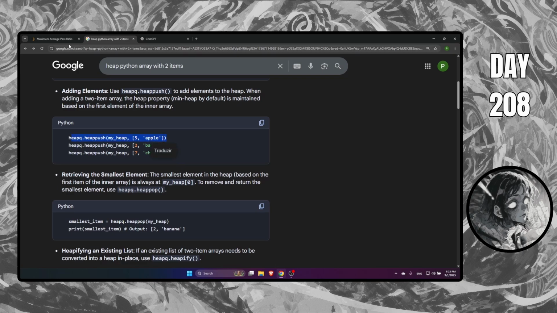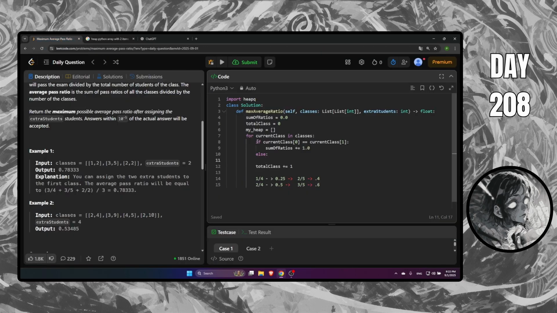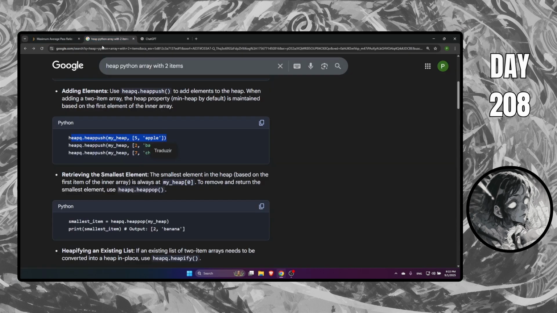Because we can push into the heap the number we want, but at the same time, let's just start doing this properly. Just do the heap push.